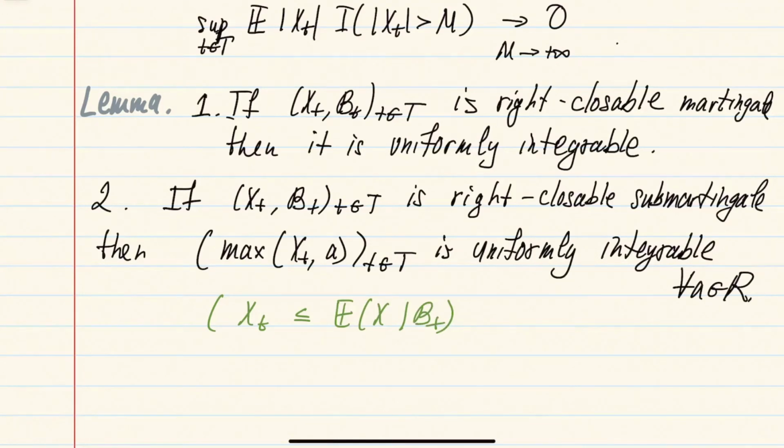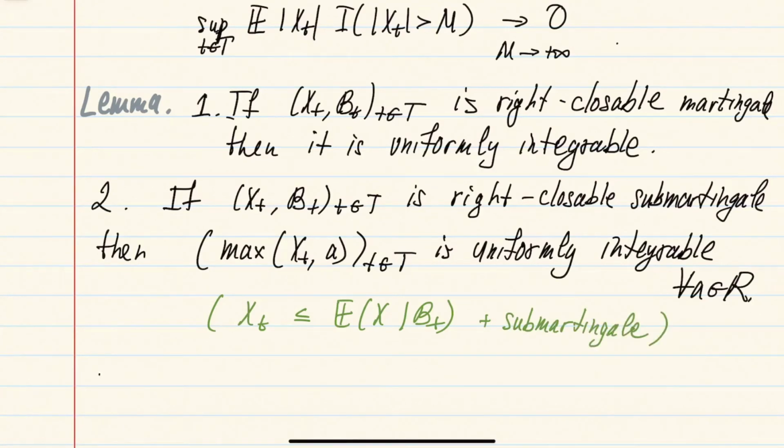So it's the inequality in the same direction as in the definition of submartingales, but here you also have this control by the average of one random variable. You have this plus, of course, the definition that this is a submartingale.